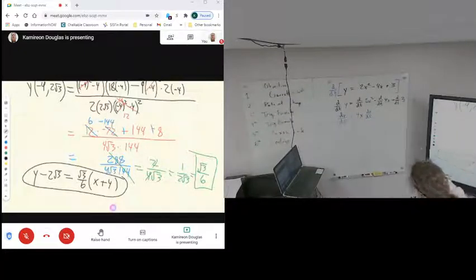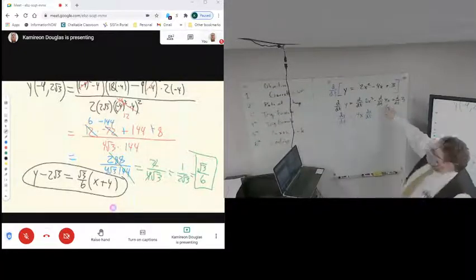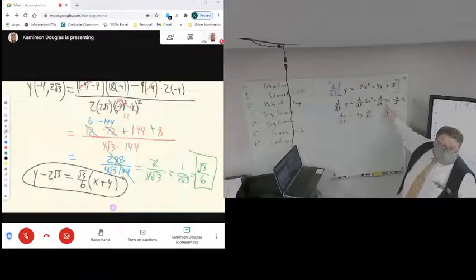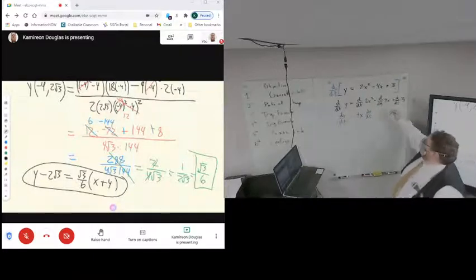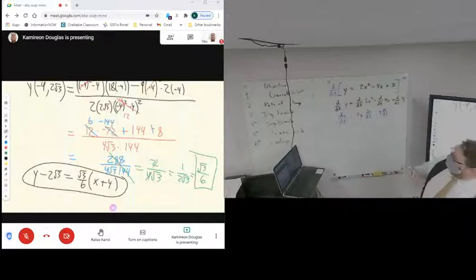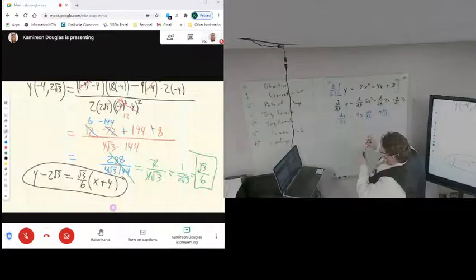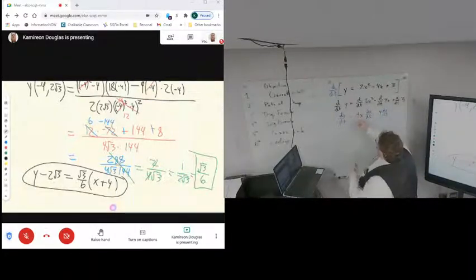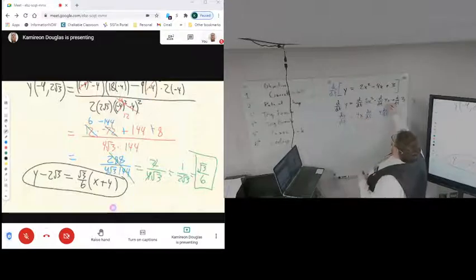Continuing forward, over here, again, the 4x acts like a normal 4x. I take the derivative. The derivative of negative 4x would become negative 4. The derivative of x becomes dx dt. So you can see in here how each component has a match. 2x squared becomes 4x. Negative 4x becomes negative 4.